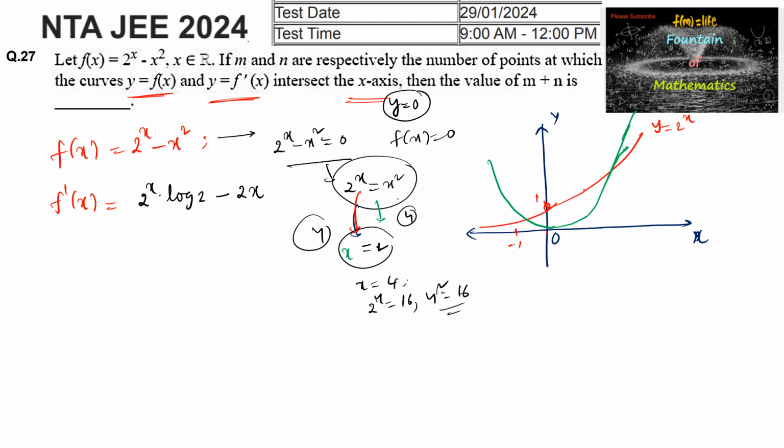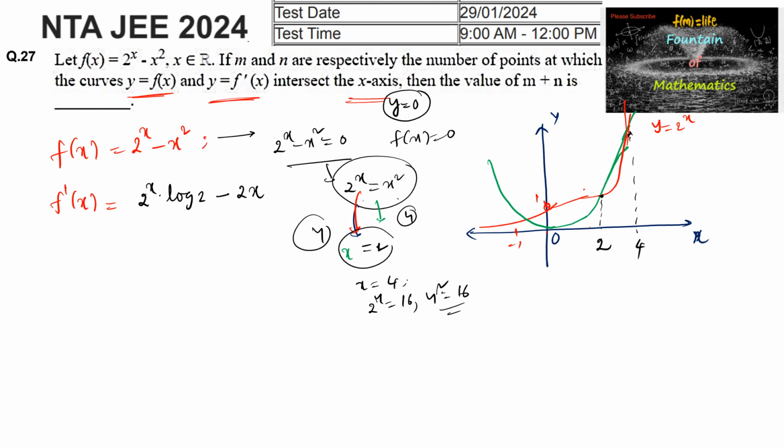So at x is equal to 2 they are intersecting, and at x is equal to 4 also intersecting.